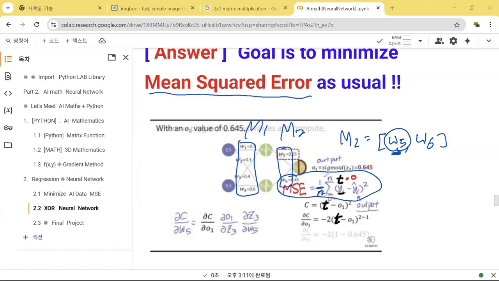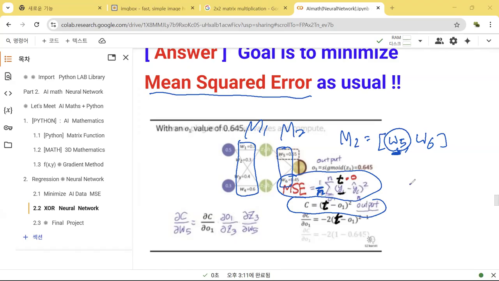So for a moment, just consider the simple form, the sum of T minus O, the square, okay? But we will introduce the division by the number n in the last calculation. So for easier computation, for a moment, let's disregard this kind of division, and take this division at the last step in our computation.